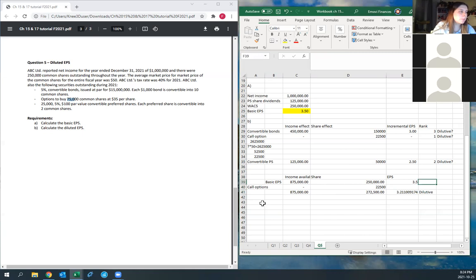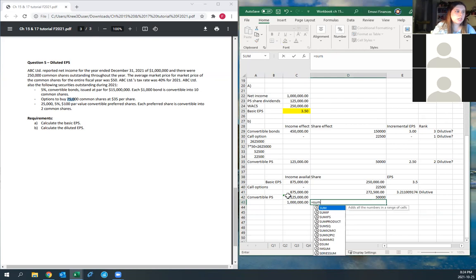Then we continue with our rank 2, which is the convertible preferred shares. The income available, so the increase in income was 125,000. And the share effect was plus 50,000. I'm going to sum again, but I'm just going to sum here what we already calculated, the 875,000 plus 125,000. That gives us 1 million.